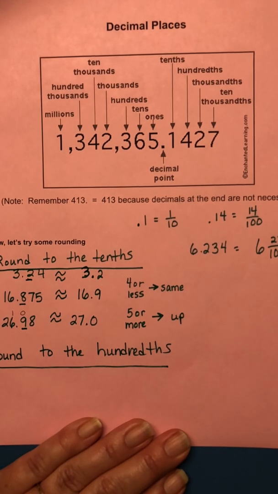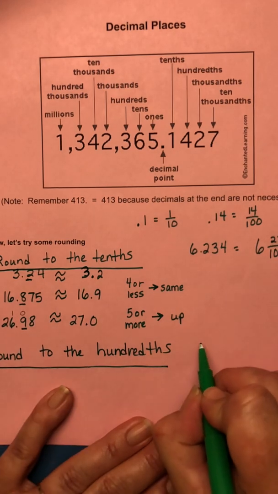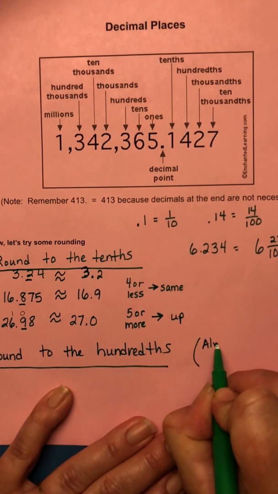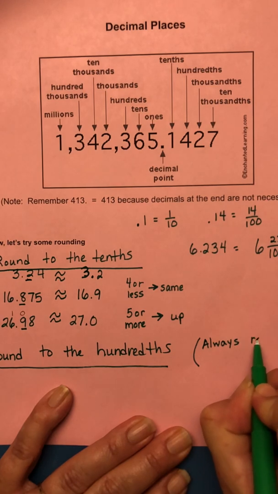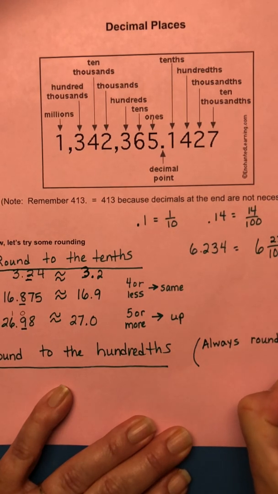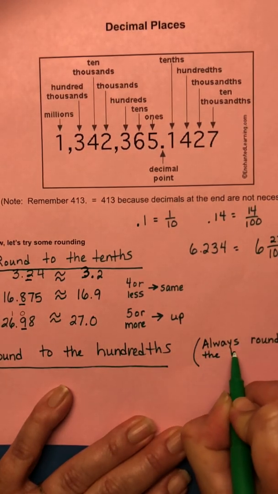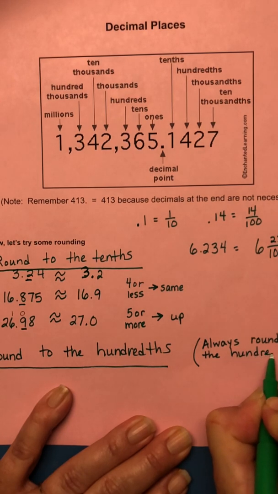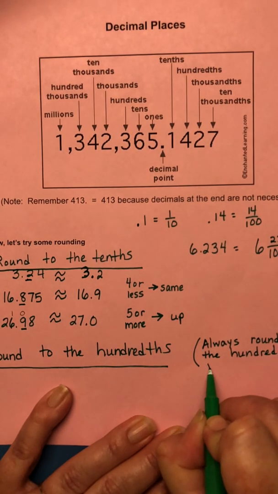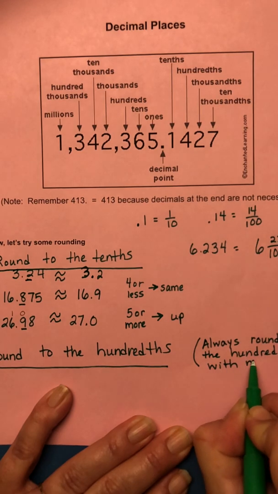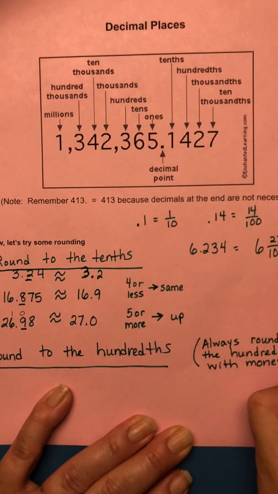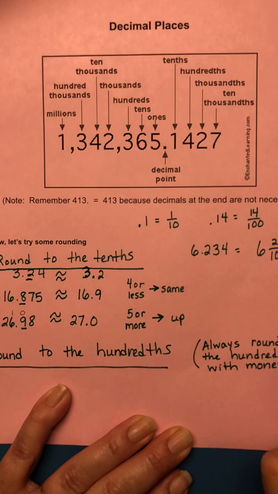When you are dealing with money and they don't tell you to round, you always round to the hundredths. So I want you to write that down. Always round to the hundredths with money, okay? Always round to the hundredths with money.